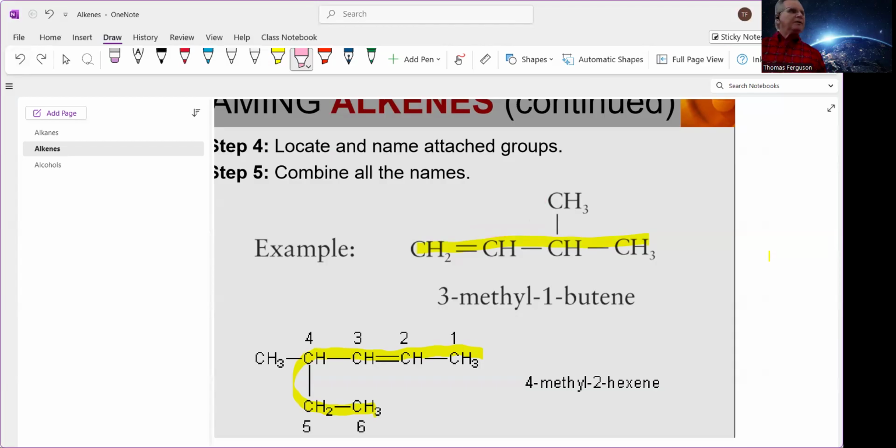Okay, so we have to number. Now, the lowest functional group numbering wins out. So in this case, we're going to start on the left. If we start on the right, it's going to be a high number. So that means that's 1, 2, 3, 4. So 4 is buta.